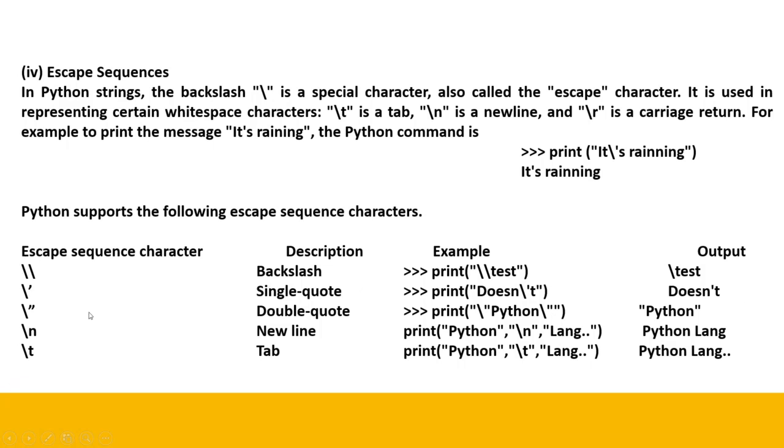Backslash single quote will give you a single quote there. Backslash double quote will give you double quotes as the output. \n provides you with a new line. \t provides you with a tab space.